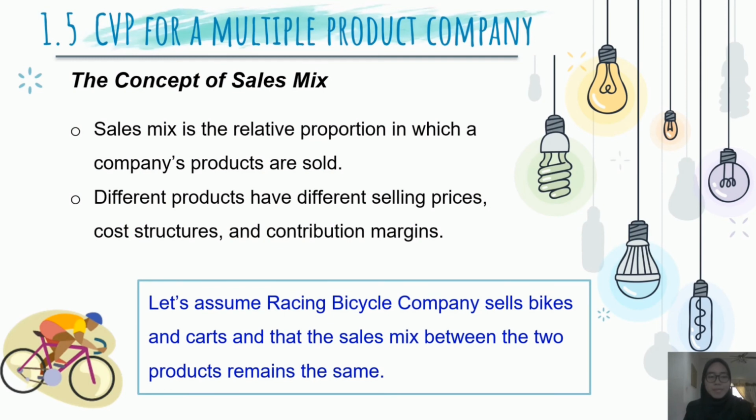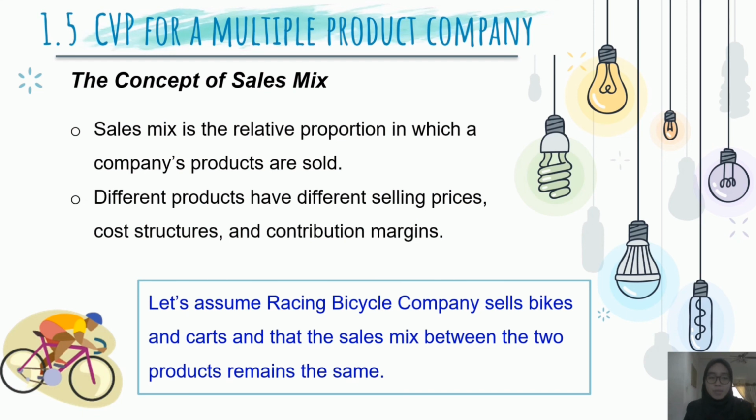Okay, I will explain 1.5. It's about CVP for a multiple product company. Before that, we need to know the concept of sales mix. What is sales mix? The sales mix is the relative proportion in which a company's products are sold. For example, when a company sells more than one product, break-even analysis becomes more complex because of the relative mix of the products sold.